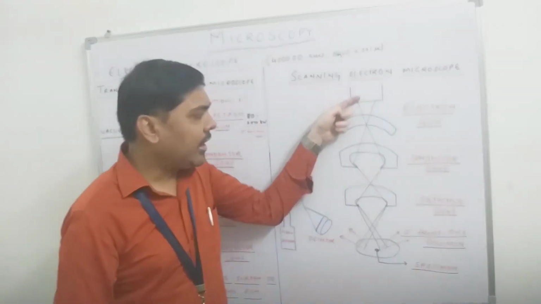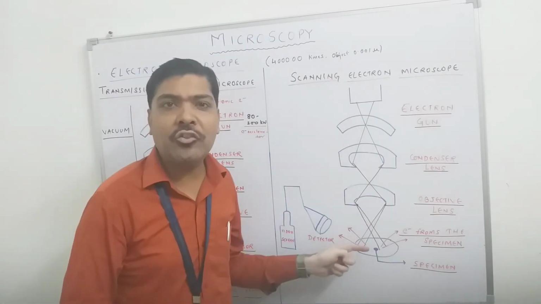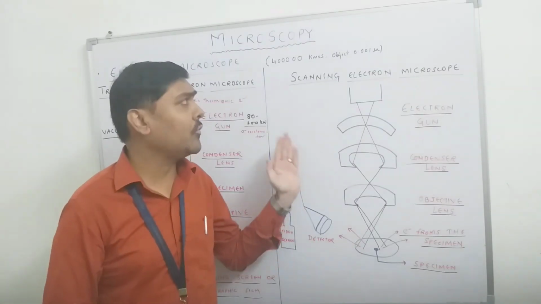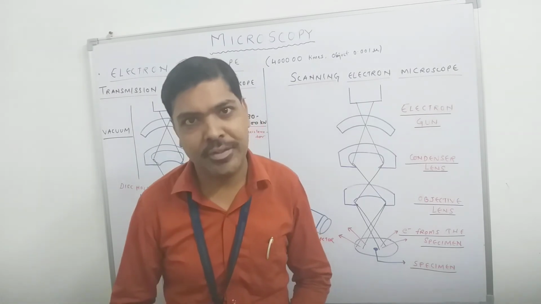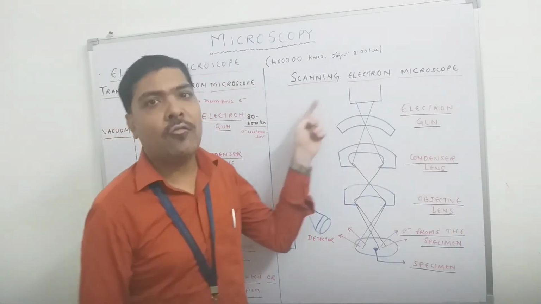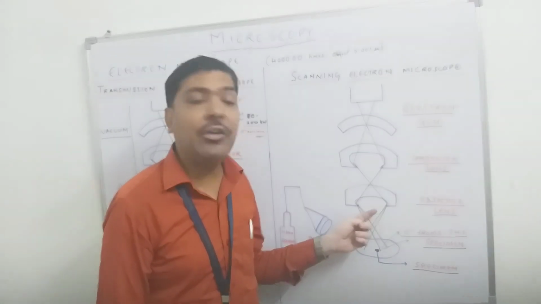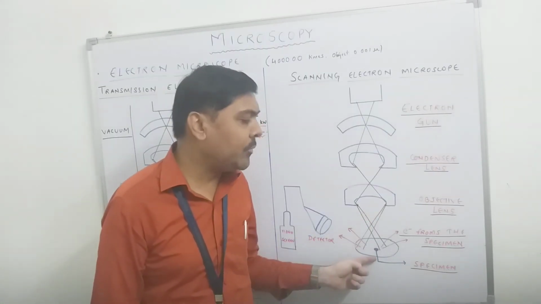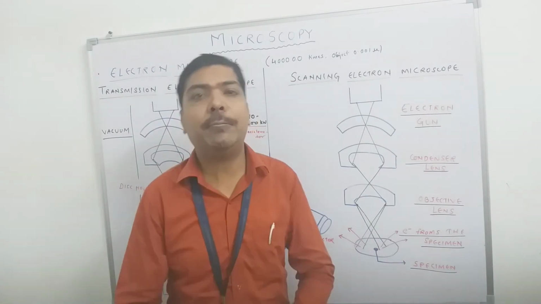Here, in the ray diagram in black ink, you are seeing the electrons that in scanning electron microscopy we call primary electrons. These primary electrons from the generator enter the condenser lens, then the objective lens, and from the objective lens they bombard the specimen.